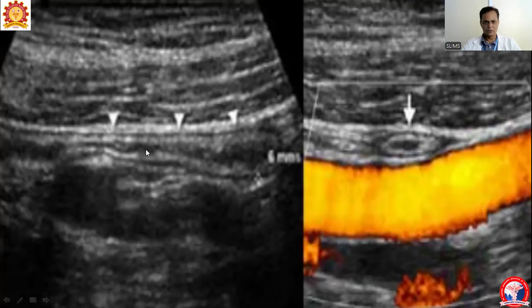The appendix is getting compressed by the probe. When it is normal, it shows compressibility. When it is abnormal and inflamed, it doesn't show compressibility. It is stout, very painful, and the peripheral fat will be inflamed. So we'll see those images.